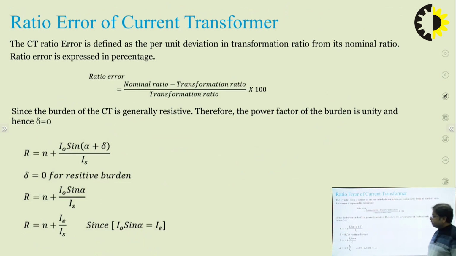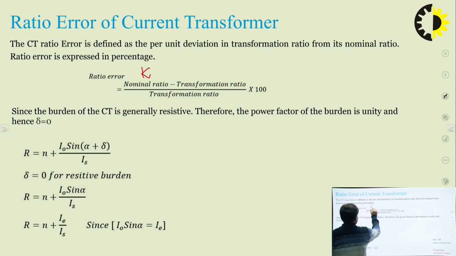Now, here comes this ratio error that I have introduced into the actual ratio slide. The CT ratio error is defined as the per unit deviation in the transformation ratio from its nominal ratio. The nominal ratio was represented by Kn there, and it was defined as the ratio of rated primary to rated secondary current.